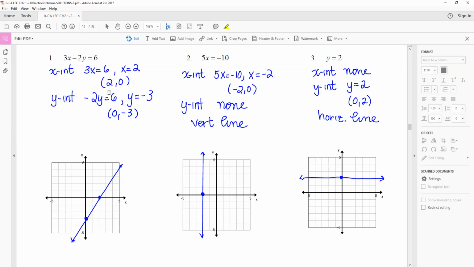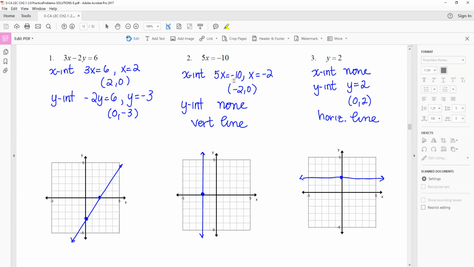So the point 2, 0, right here, the x-intercept. For the y-intercept, we replace x with 0. So we replace the x here with 0, wiping out that 3. So we get -2y equals 6, y equals -3, and the point 0, -3.